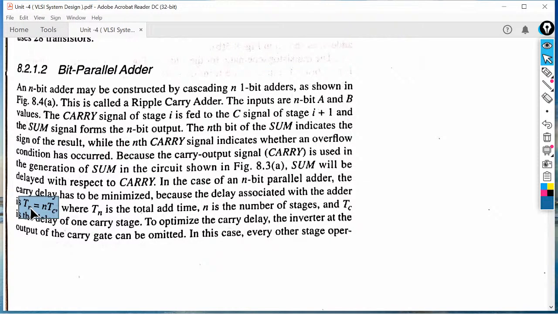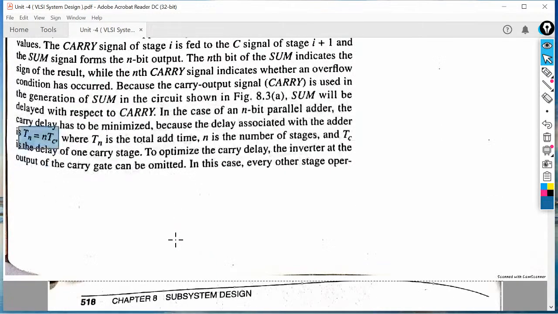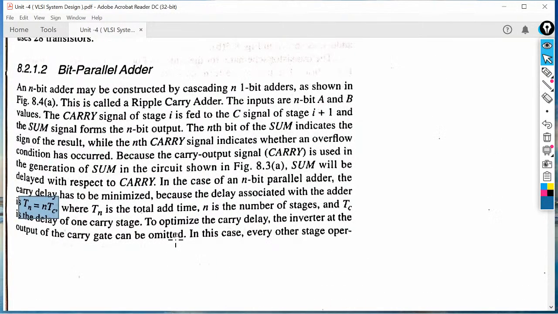At that time you cannot use this type of parallel adder circuitry. You need to find some other way to speed up the process. The next circuitry that you should follow as a replacement for this parallel adder is the look ahead carry method.